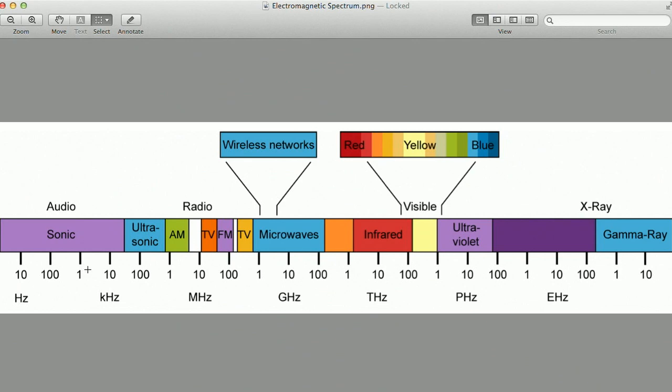When we get up to things like the visible sight range, we're talking about wavelengths where, if you held your arms out to form a circle and made it as big as you could possibly hold your arms, that would represent the width of a hair.